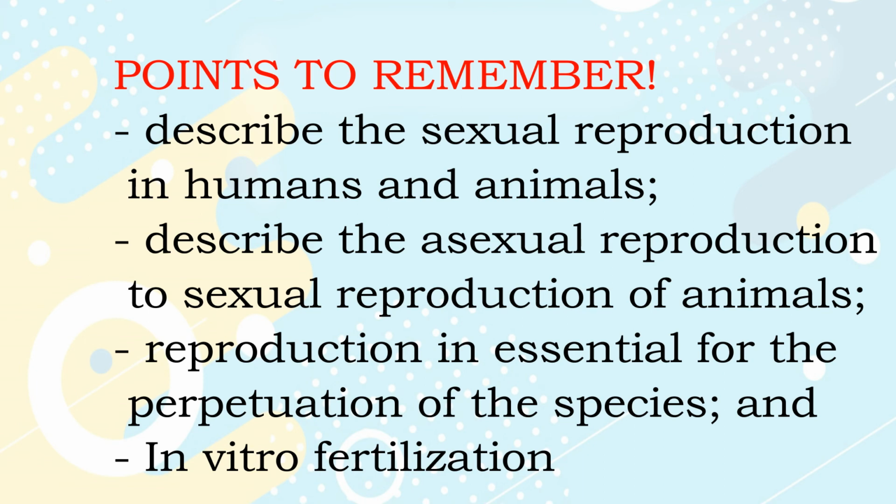It is very essential for the perpetuation of the species para yung population ng isang organismo or organism ay magpatuloy na mabuhay. We also informed the process of in vitro fertilization na kung saan the mating or the union of the sperm and egg can happen outside the body of the woman.